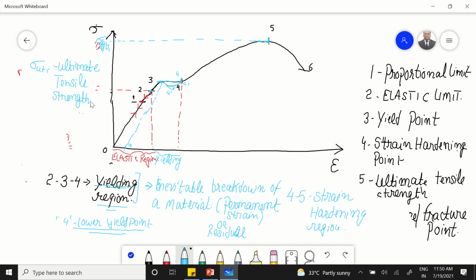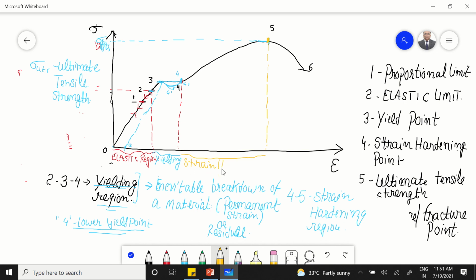Theoretically on the curve, from point number 4 to 5, we call this the strain hardening region. Strain hardening means the curve shows a continuous rise with an almost constant, steep slope till it reaches the maximum point.